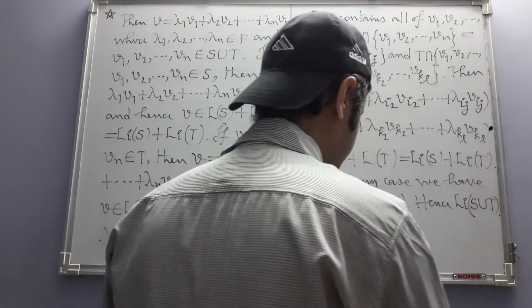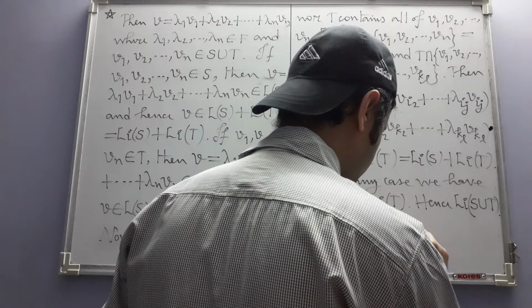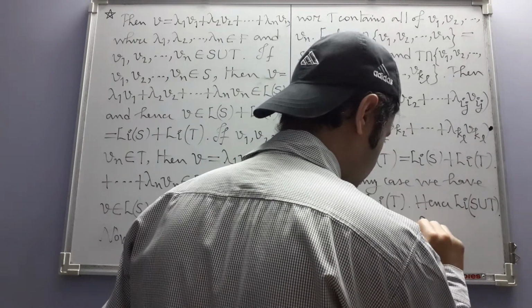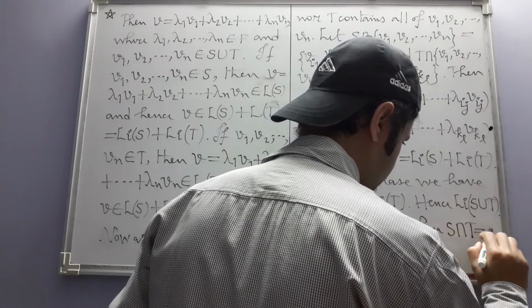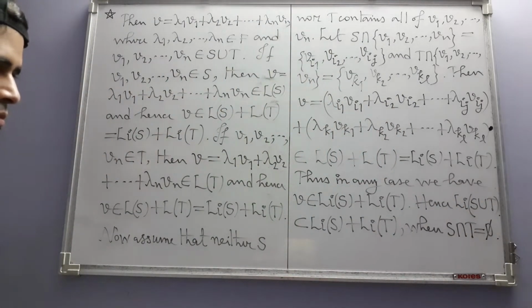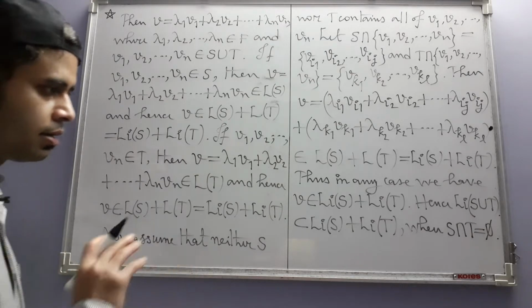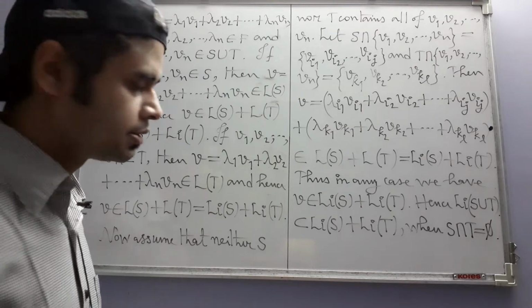And in fact, let's just mention that here also. Hence this, when S and T are disjoint. Now we handle the case where S and T are any subsets.